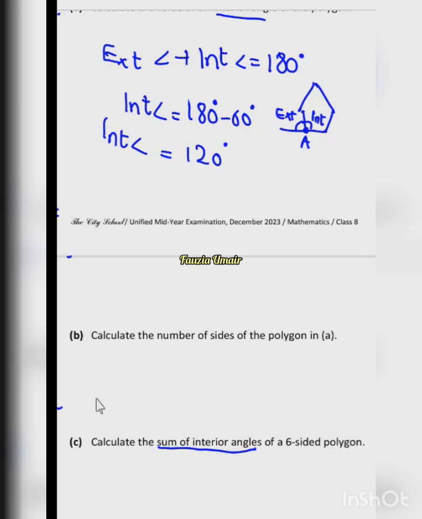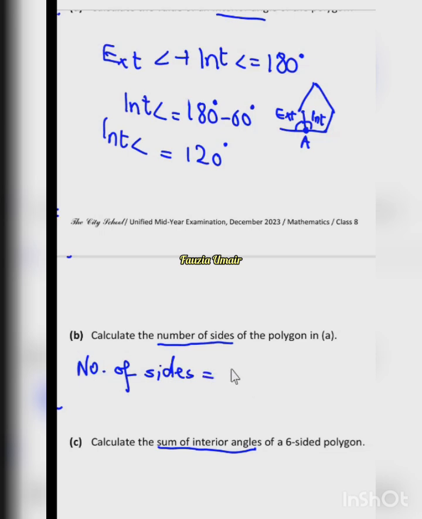Ariba, can you answer it? How can we find the number of sides if we know the exterior angle? Anyone who knows the answer, please be quick. Don't waste time on this. Ma'am, can I tell? Yes, Hanan.